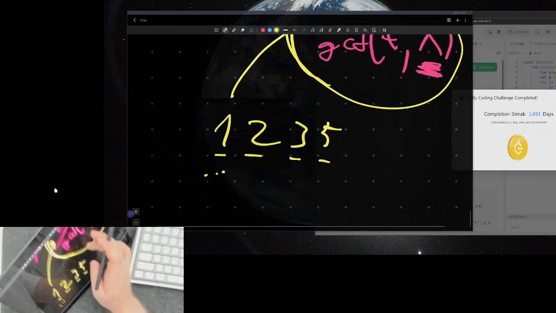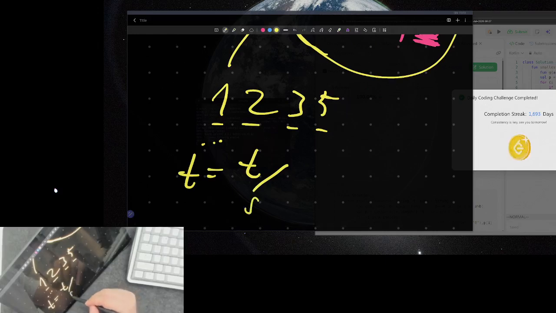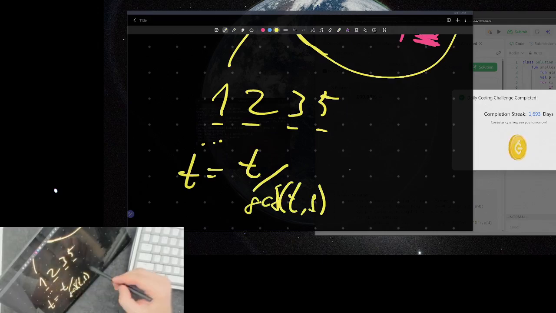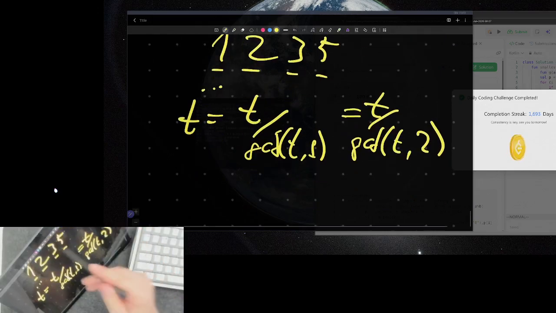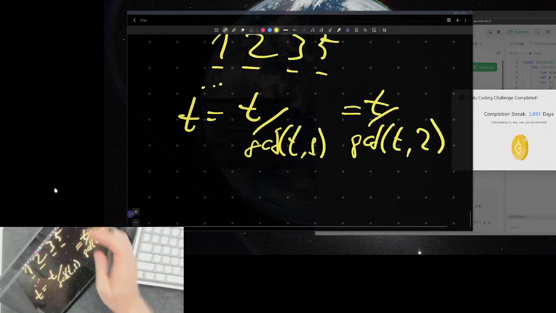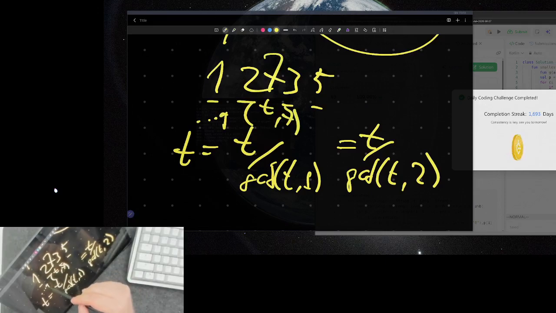So we go t equals t divided by GCD of t and 1, then again t divided by GCD of t and 2, t and 3, and so on.